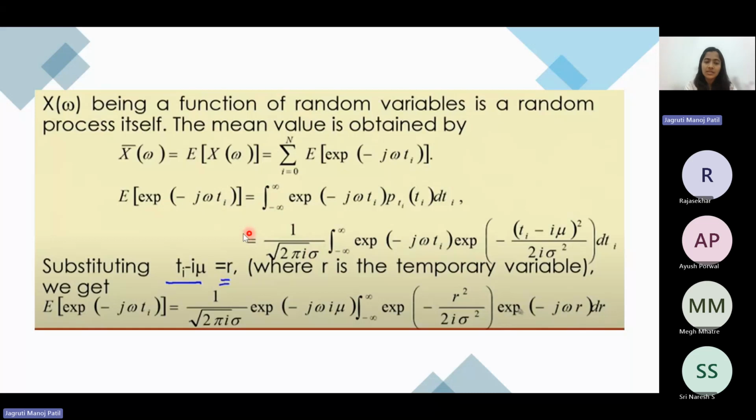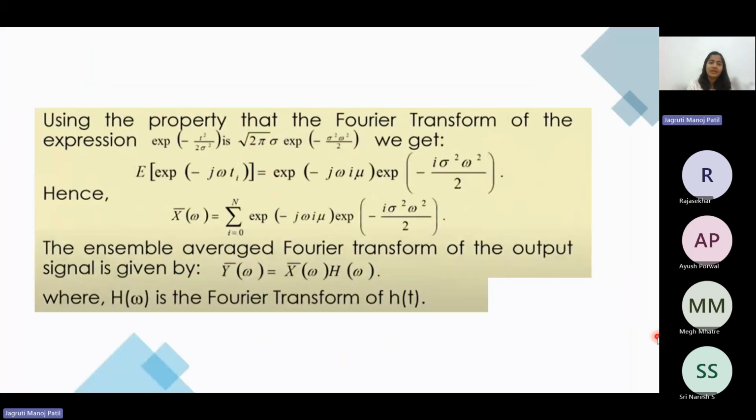Now if we change ti minus i mu to r, where r is just a temporary variable, we get something like this. This constant is the same, this constant is the same, and what you have here is something like this. So how do we evaluate this particular integral? For that, we use a property of the Fourier transform. What they have used is the exponential of minus t square by 2 omega square.